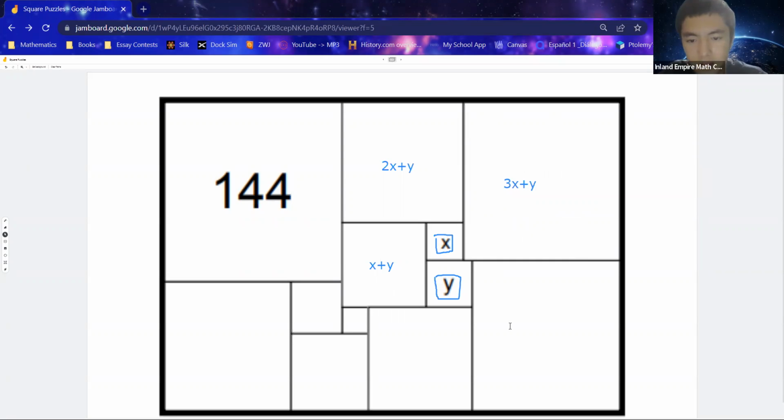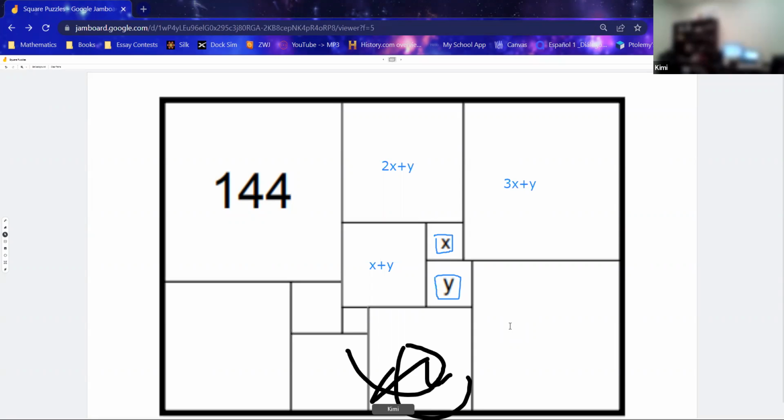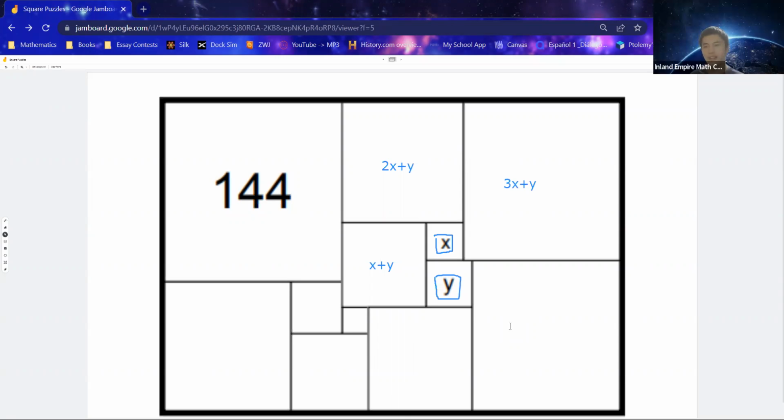And then the next, we could do this square right here before we do the other squares, because then it'll become easier. Eric, what do you think we should do right now?